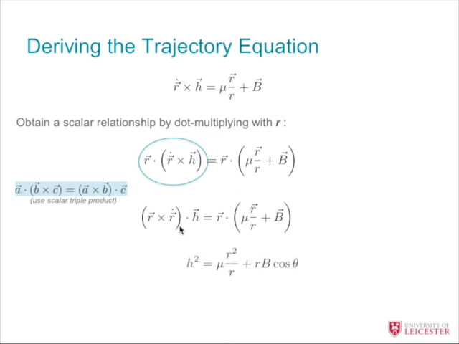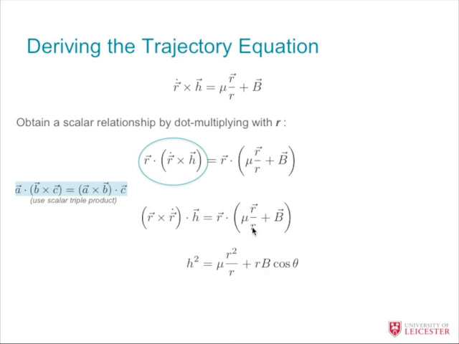So let's just look at this term. So r crossed with r dot is equal to r crossed with v, and that's h. That's the specific angular momentum. So this side of the equation becomes h dotted with h, which in other words is just the scalar h squared. And all I do is expand out the right hand side and I get these two terms in mu and r and b.